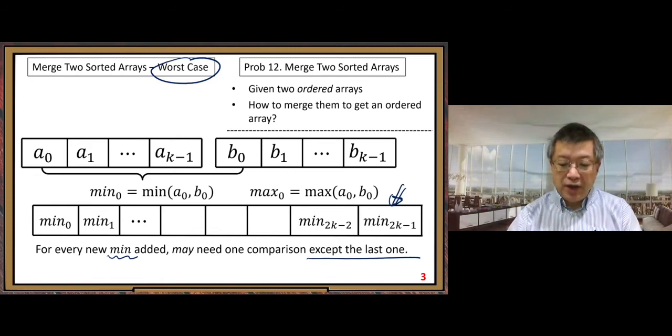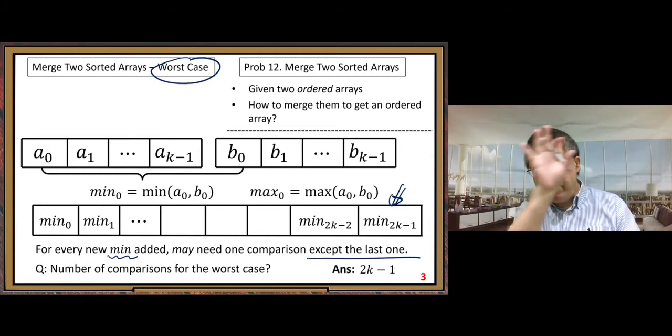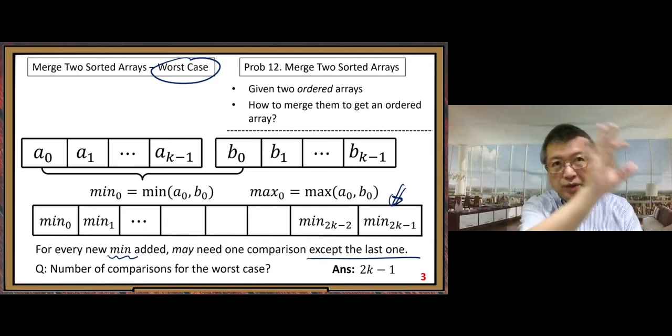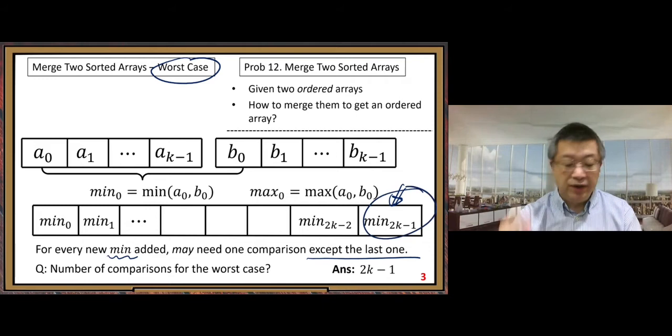So the number of comparisons we will do, for the worst case, is the total number of elements in the two subarrays minus 1, since for the last one we don't need to do any comparison. All right, so that's the answer, right?